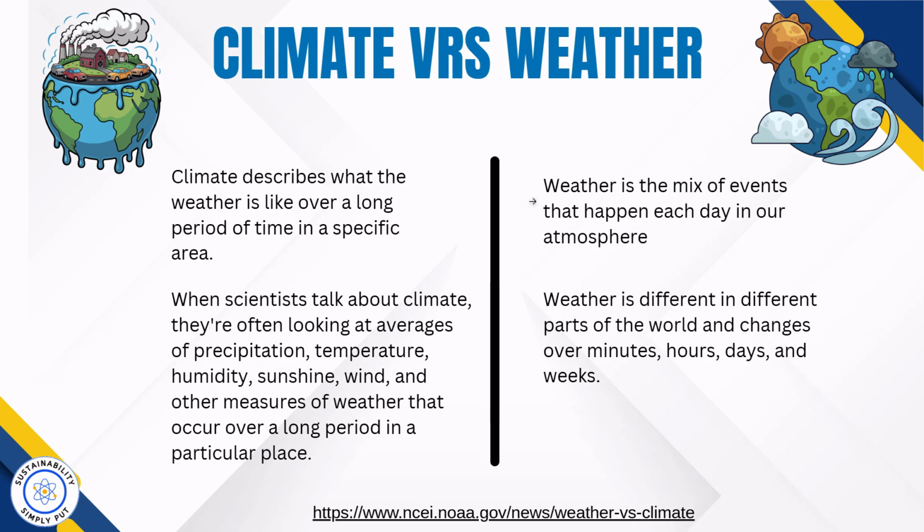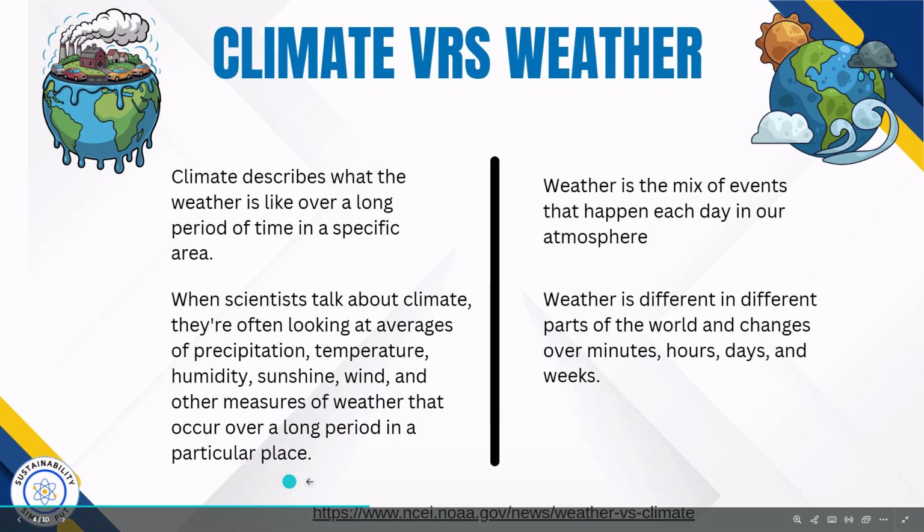So weather is different in different parts of the world and changes over minutes, hours, days, or weeks. But when we talk about climate, it is often looked at as averages of precipitation, that is rain, temperature, humidity, sunshine, wind, and other measures of weather that occur over a long period in a particular place.